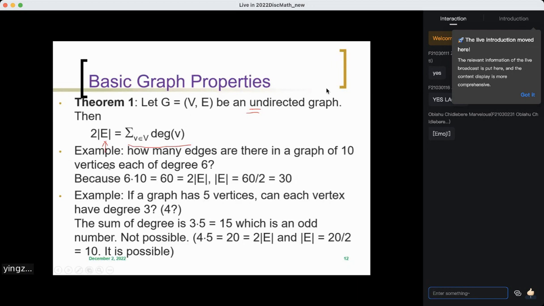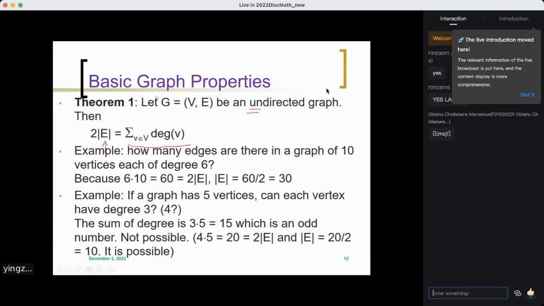So that means we have 10 times 6, which is 60 degrees in total. From this rule, we can say that the total degree is double the edges, that means 2 times the edges. So the number of edges is equal to 30.